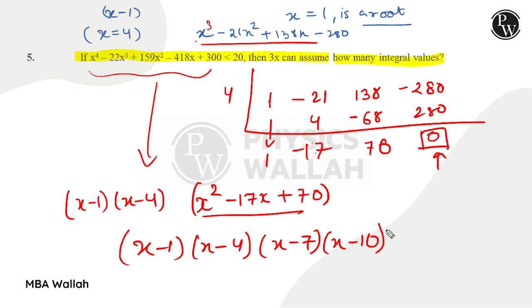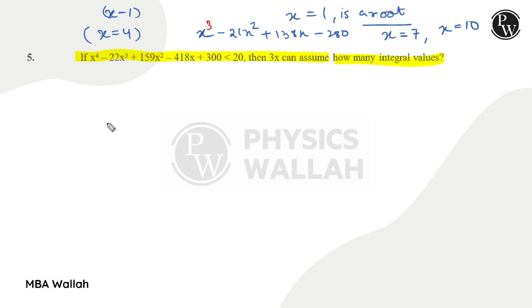Now because I know that x equals 7 also satisfies, and x equals 10 also satisfies, I will just plot them on the number line. This is going to be 1, 4, 7 and 10.